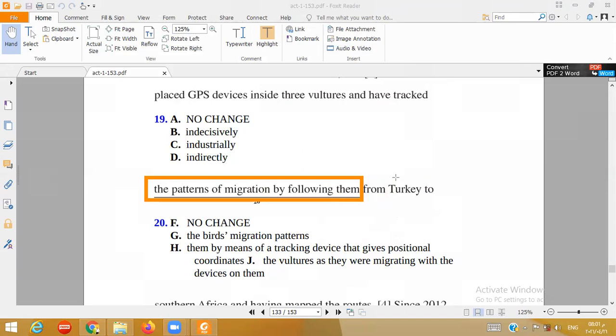You have F, G, H and J. The bird's migration patterns, or them by means of a tracking device that gives positional coordinates. Then J, the vultures as they were migrating with the devices on them.